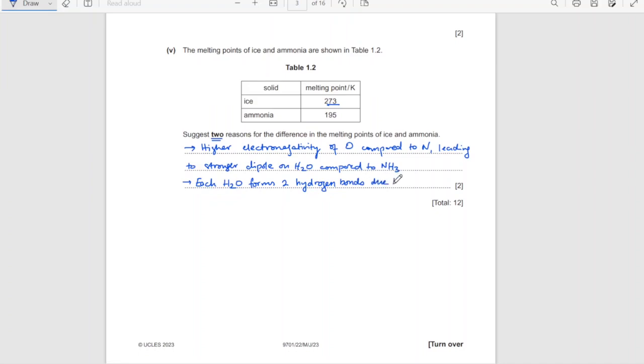Due to two lone pairs on the oxygen compared to one hydrogen bond per NH3.